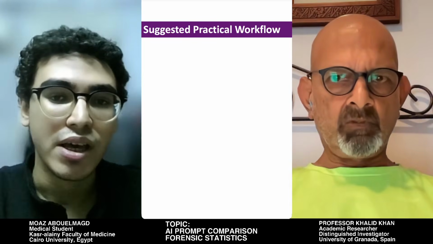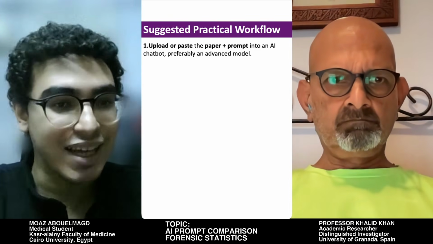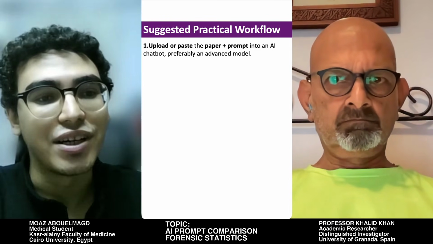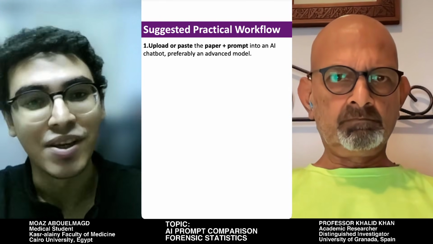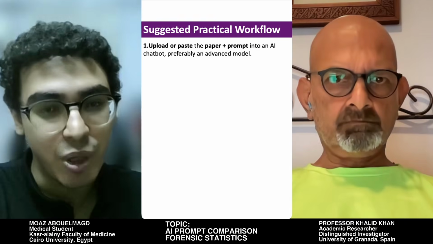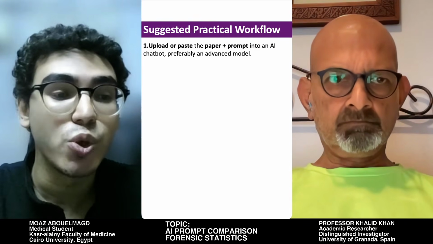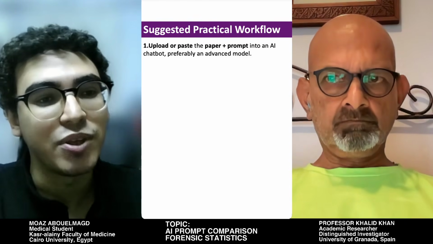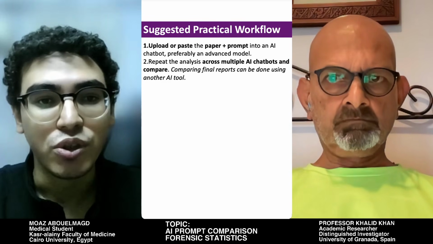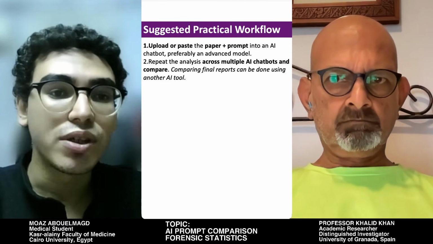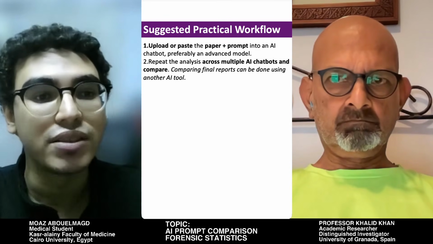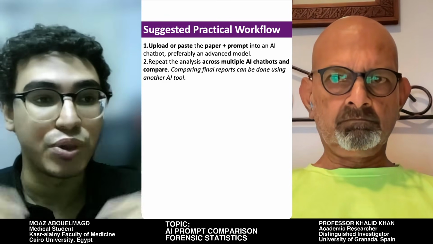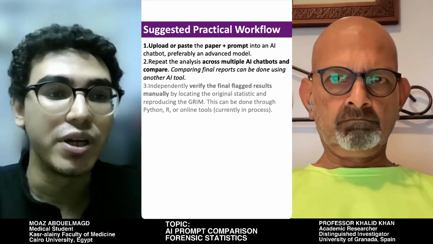to do so. So if you want the practical workflow for how to use AI in forensic statistics, first you could start by uploading the paper, or preferably use copy and paste, which uses fewer tokens and allows you to do more analysis. After you finish the analysis using your favorite AI chatbot, you should apply it on multiple chatbots, preferably with advanced models, and compare their final results.